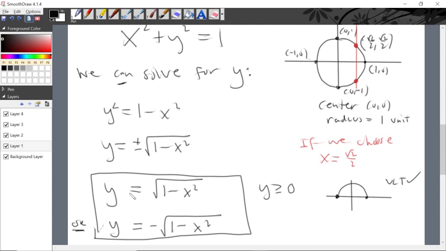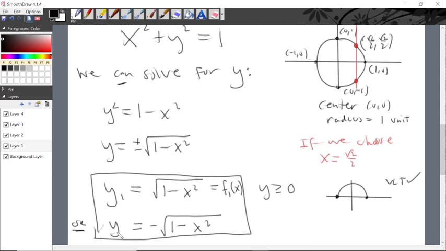So this is one function of x we could get from the x squared plus y squared equals 1 equation. I'll call this y1, which in function notation would be f1 of x. It is an explicit function of x.